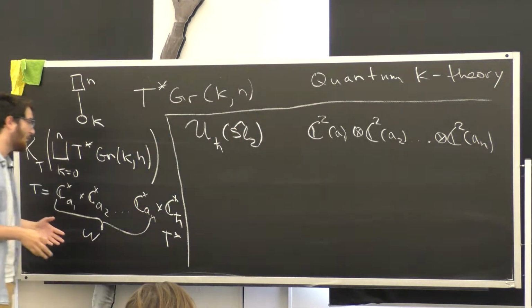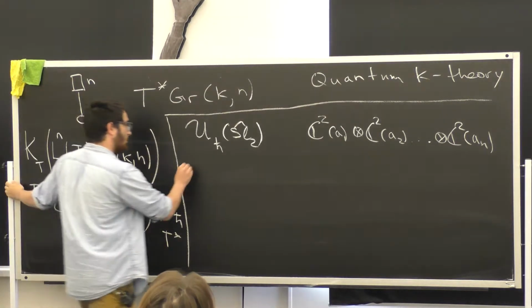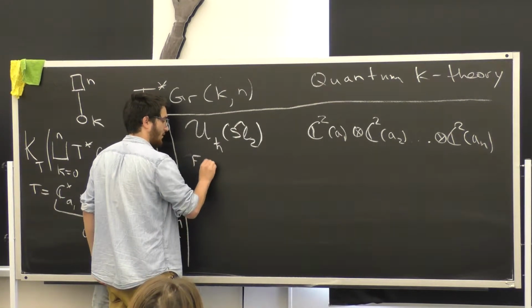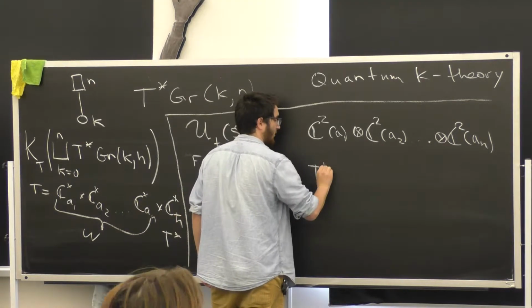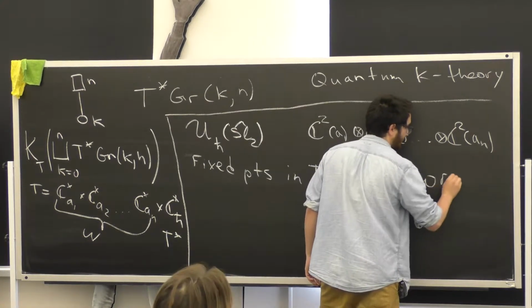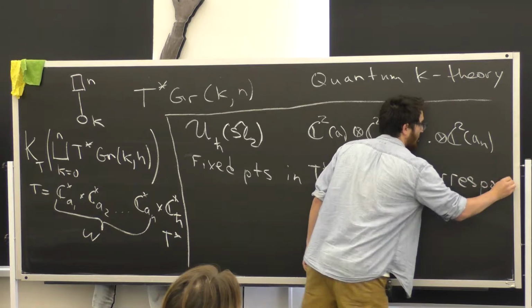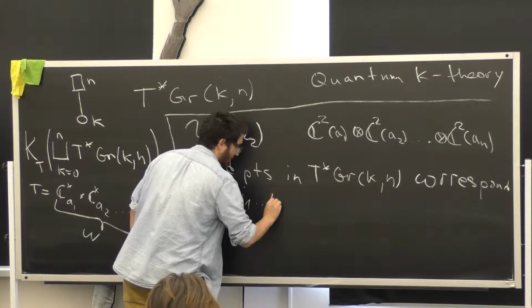But the very first thing I want to say is, let's just count the dimensions of this. I think that's a good start. The dimension of equivariant K-theory for a variety is just the number of fixed points. And the fixed points in T star Grassmannian(k,n) correspond to k-subsets in an n-set.